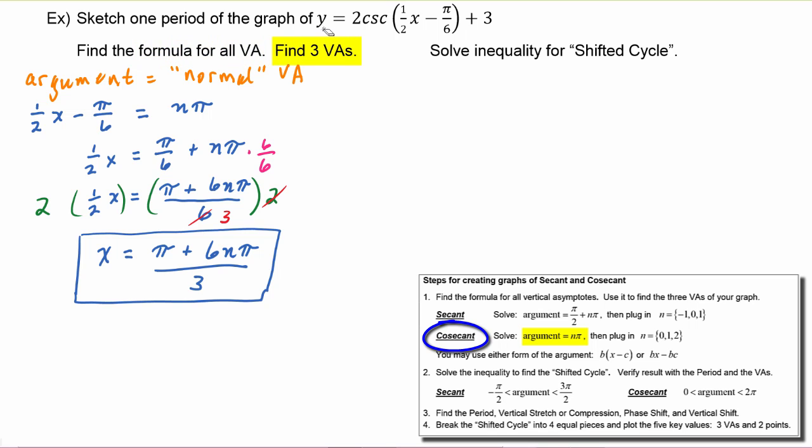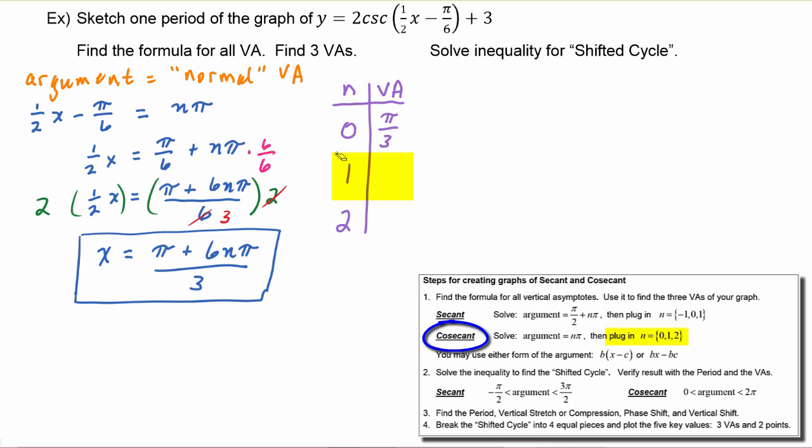Now we can use that formula to find the 3 vertical asymptotes of our cycle here. We know we'll be plugging in for n. And for cosecant, we need to plug in n is 0, 1, and 2. If we put a 0 in for n, it will wipe out this term, and we're left with pi over 3.